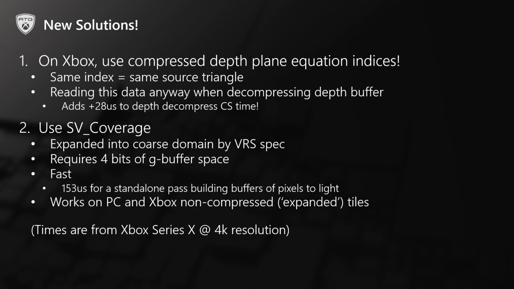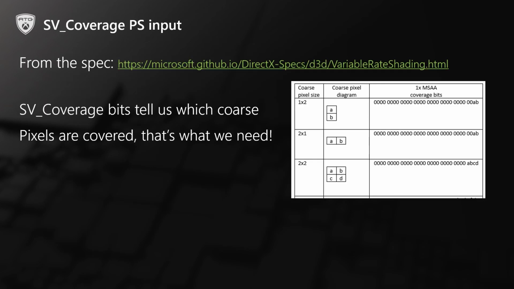So this actually requires 4 bits of GBuffer space, but it is extremely fast. Not as fast as the Xbox specific, but only 153 microseconds to build this buffer of pixels to go and light. So I'm going to talk about SV coverage and how we pack this into 4 bits of a GBuffer somewhere.